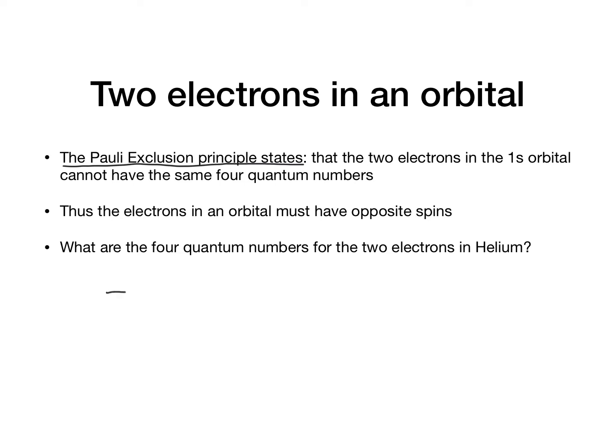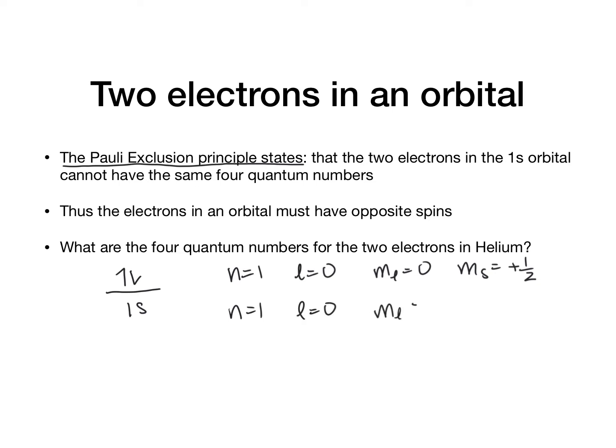So if we were to think about the 1s with 2 electrons, the quantum numbers are going to be n equals 1, L equals 0, m sub L equals 0, and m sub s equals plus 1/2. And for the other one, it's n equals 1, L equals 0, m sub L equals 0, and m sub s equals negative 1/2.